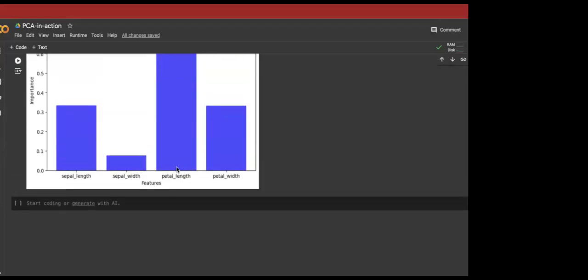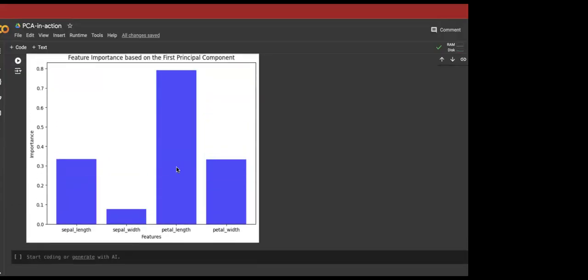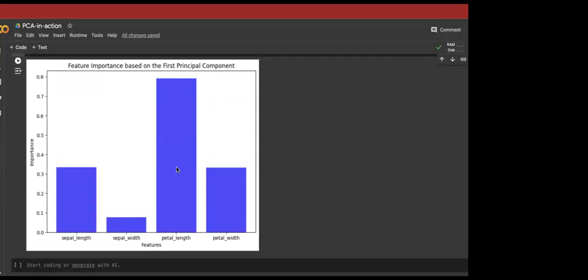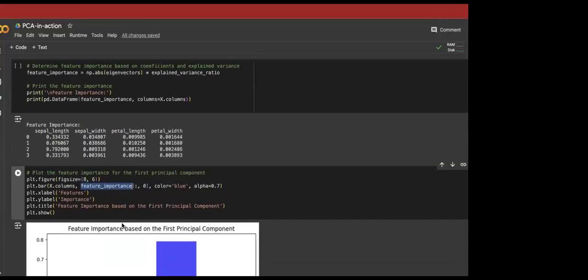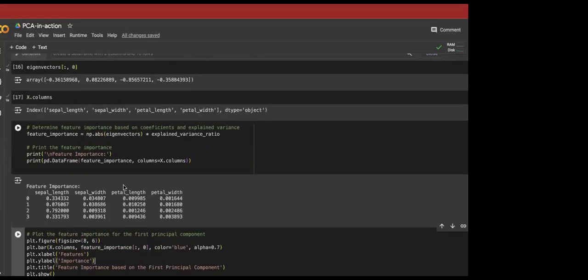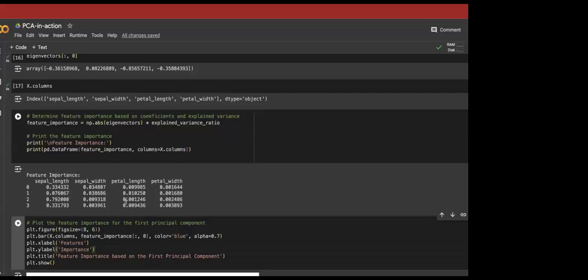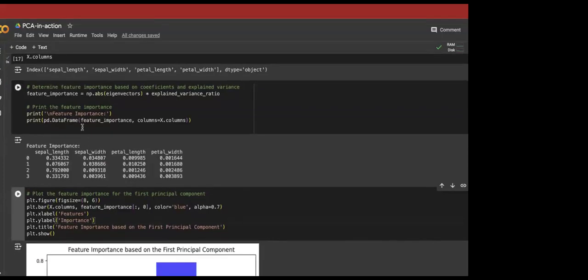Petal length is the most important feature for principal component 1. Then the next two are almost contributing equally, and sepal width is the least contributing feature to this particular principal component. Hence you can generate a feature importance for these. Just multiply with this.